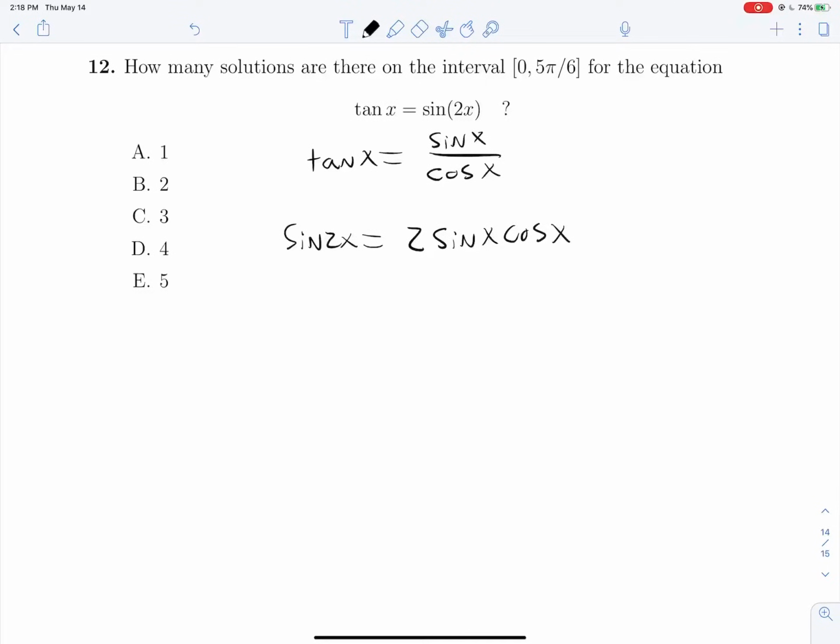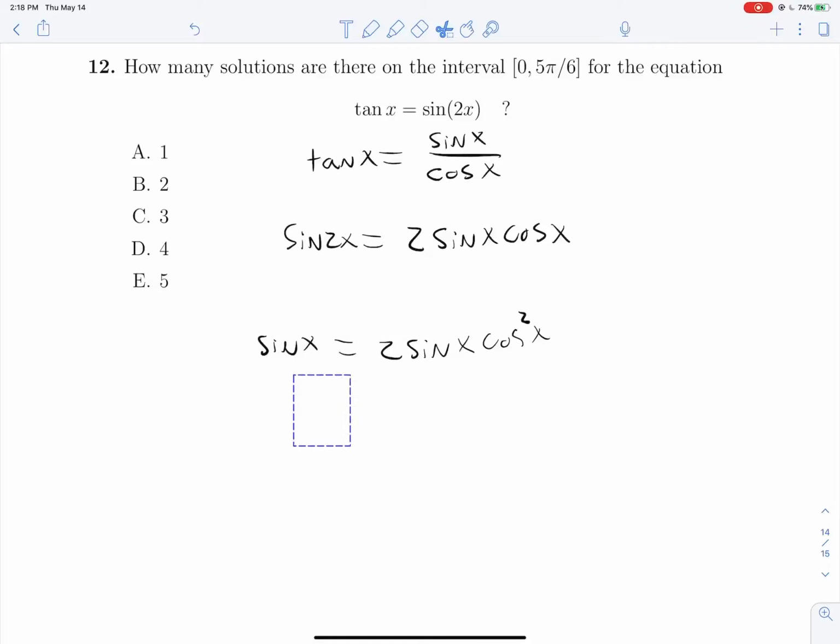Let's rewrite this equation then. We have sine x over cosine x is equal to 2 sine x cosine x. Let's multiply both sides by cosine of x. That just gives us sine x is equal to 2 sine x cosine squared x.